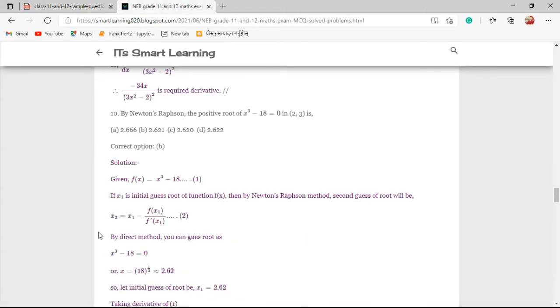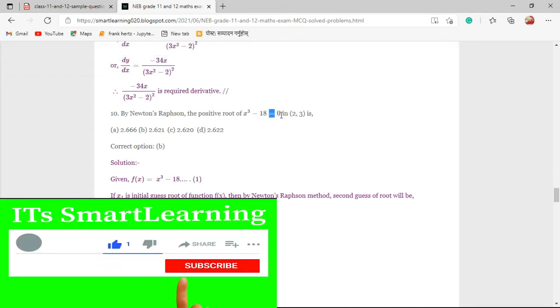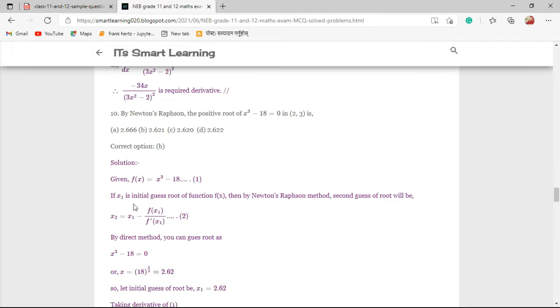So I have given the solution here. First of all, I assume f(x) is equal to only this part; I took only this part and neglected the equal to 0 sign. If there is something other than 0, then you need to bring it to this side. So f(x) is equal to this one, equation 1.